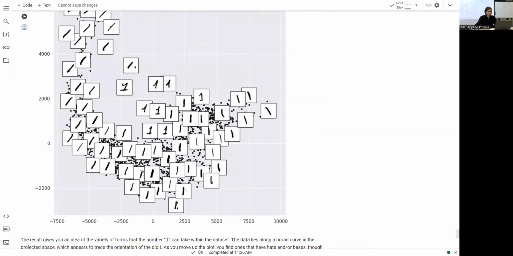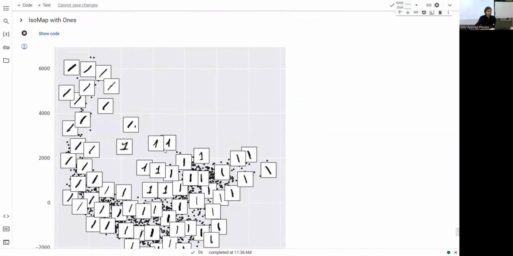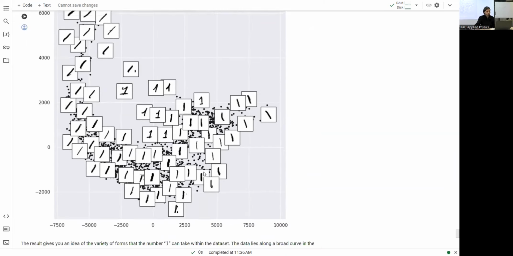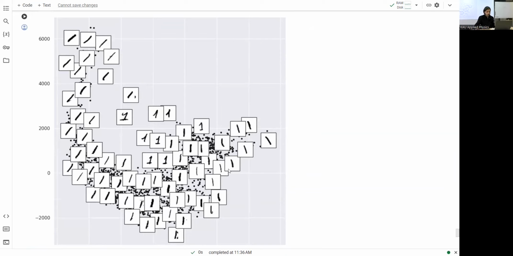And here is an example of squeezing everything into 1 dimension. Here I'm showing you the number 1 that was squeezed into 2 dimensions. Once again, you can look at this and tell me whether you see any patterns in this image. Well, from left to right, it's the direction.